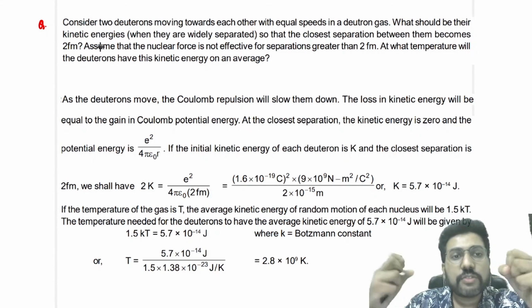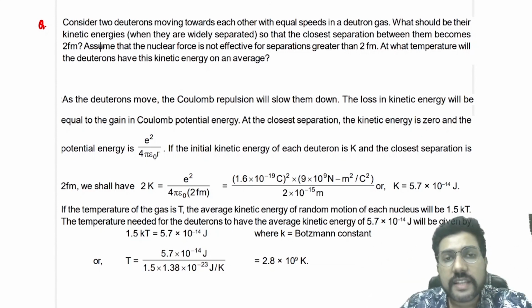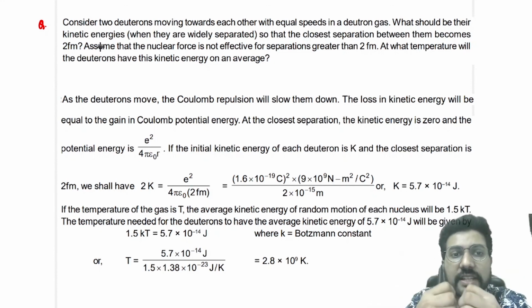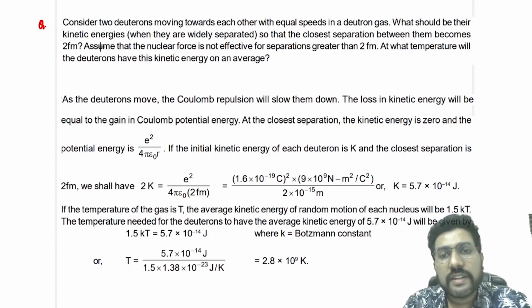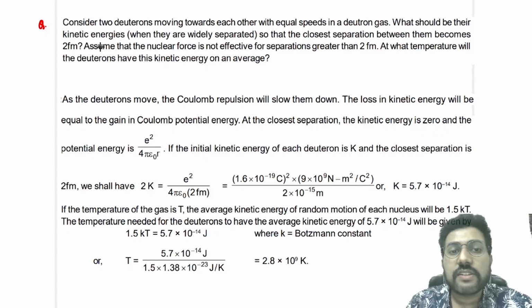Initially they are widely separated, at infinity, so what should be the initial kinetic energy so that the closest separation between them becomes 2 femtometer? That means they have to come very close to each other. Assume that the nuclear force is not effective for distances greater than 2 femtometer, so you have to neglect the nuclear force. And at what temperature will the deuterons have this kinetic energy on an average?